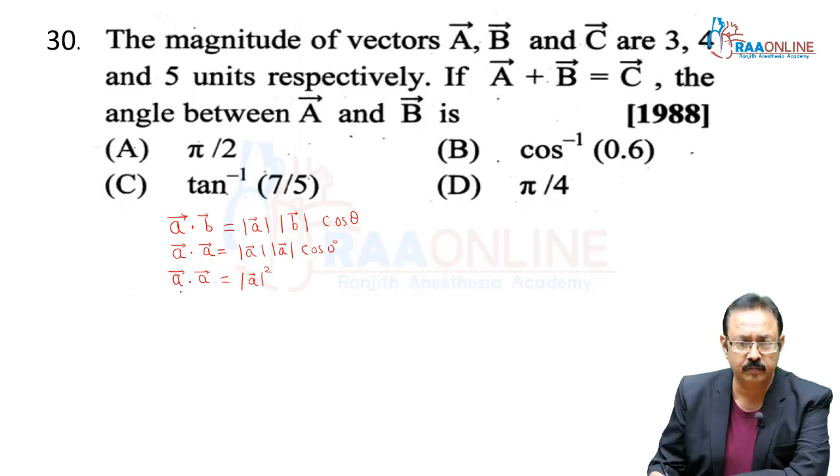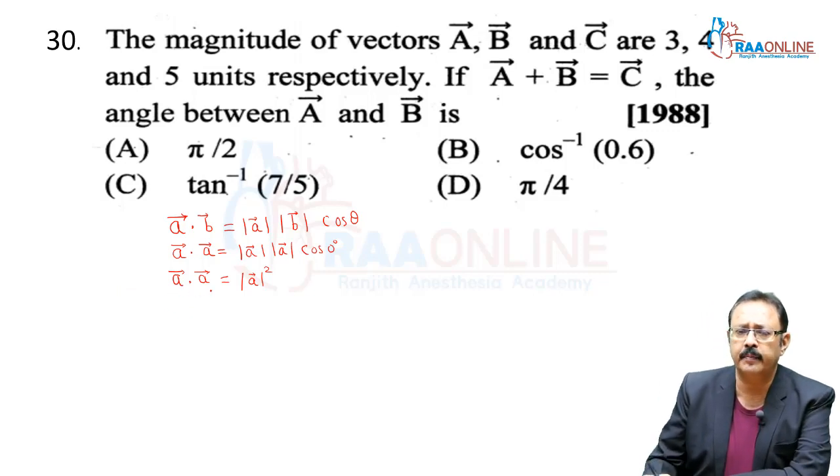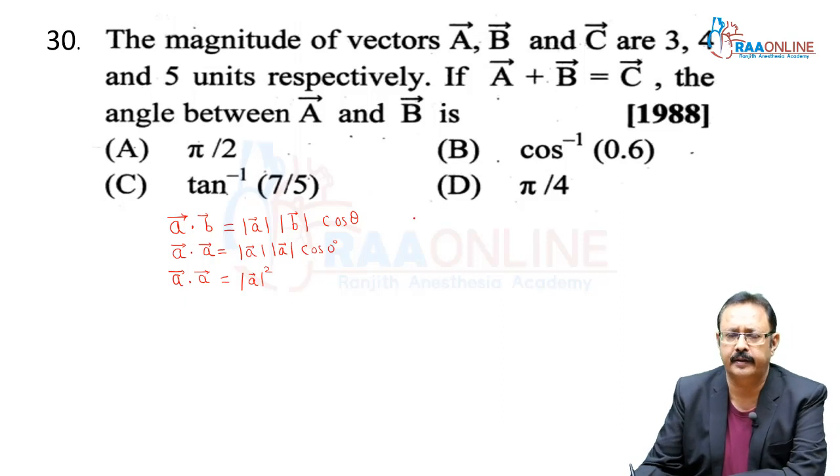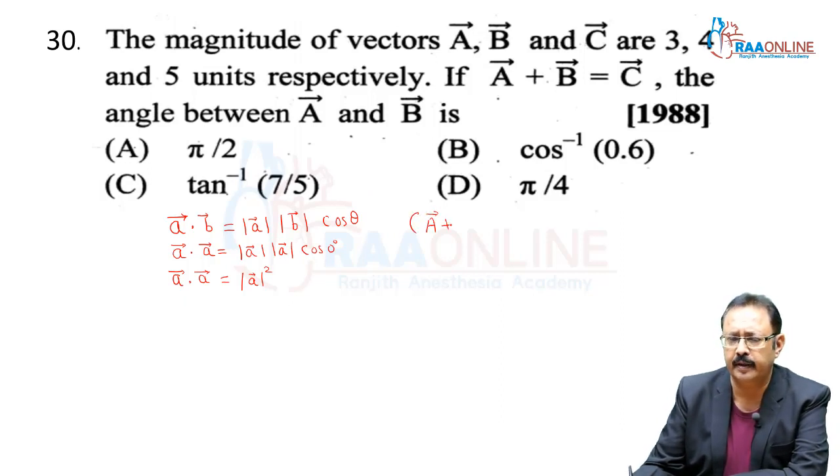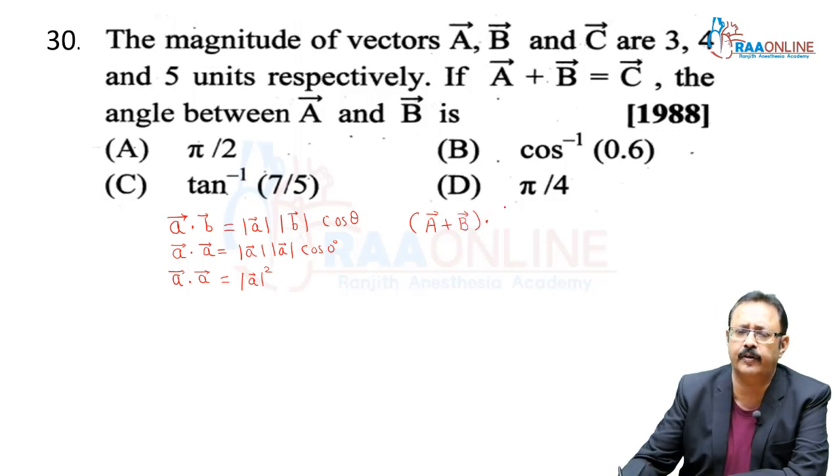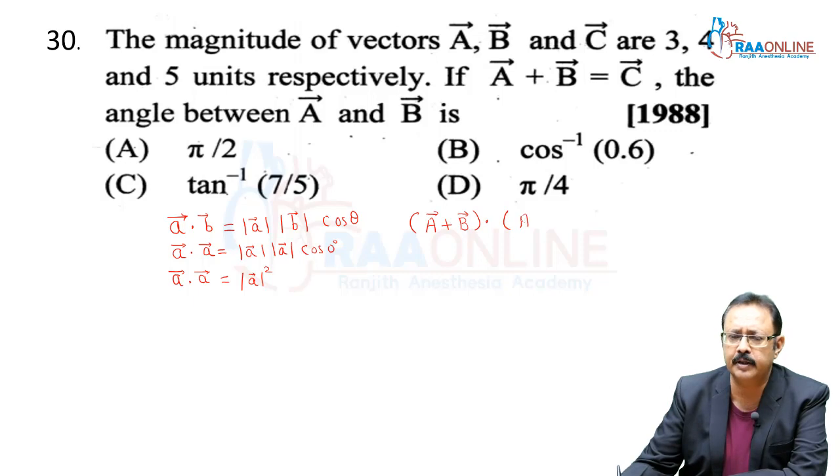Now, I am going to do the same thing here. I am dot multiplying A plus B with itself only. A plus B dot A plus B. What we are getting?